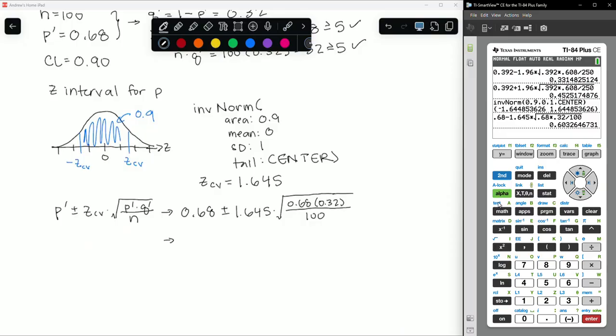So for our lower bound, we get a proportion of 0.603. And then changing the subtraction to addition, we get an upper bound of 0.757.